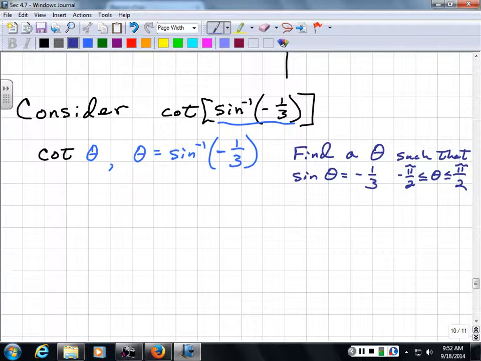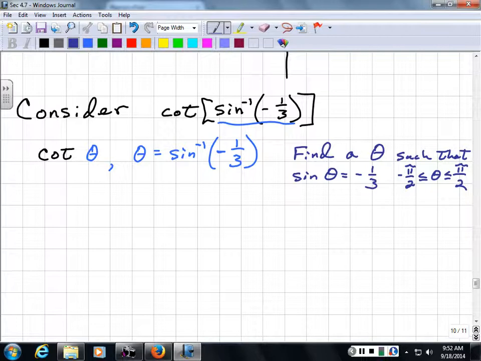If the sine of theta is negative 1/3, what quadrant is it in? Somebody said fourth. It's a fourth quadrant angle. Why do I know that? Because the denominator in sine always has to be positive, because it's the hypotenuse. It's the radius. It will always be a positive value.